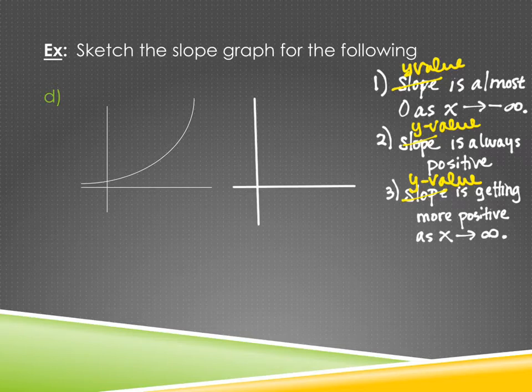And this graph is lying entirely above, just like the last one did. On the left-hand side, it tells us that the slope is what? It's positive, and it's almost 0. So we need a y value now, a y value that is almost 0, but positive on the left-hand side of the graph. So it's going to look something like this, right?